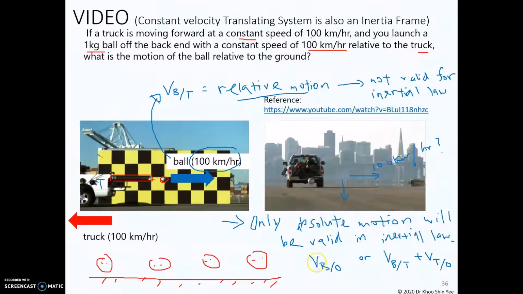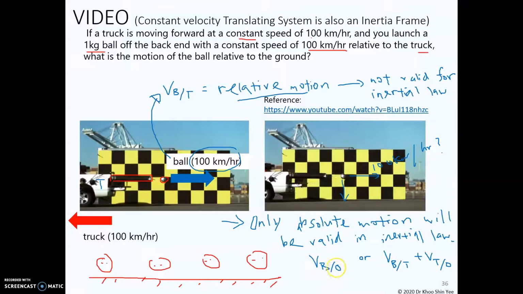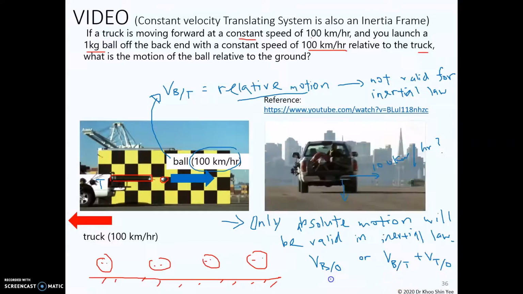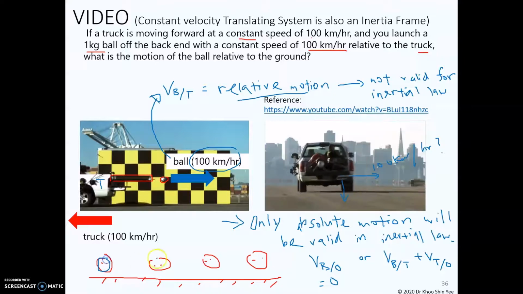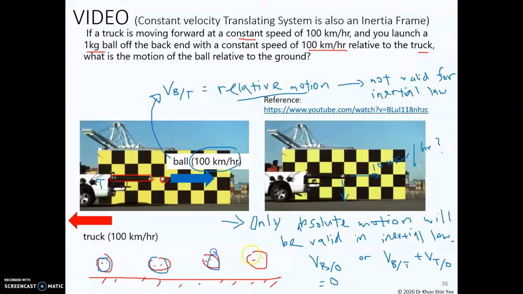You have obtained the velocity of the ball with respect to O by using V ball/T plus V T/O, which is equal to 0. So from this result, the motion of the ball following free fall will be valid if you observe the motion in an inertial frame.